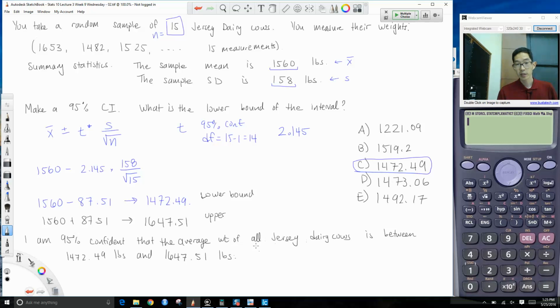Okay, so this would be all Jersey dairy cows. This is basically in the population, the average weight of the population. That the population mean is between 1472.49 and 1647.51.